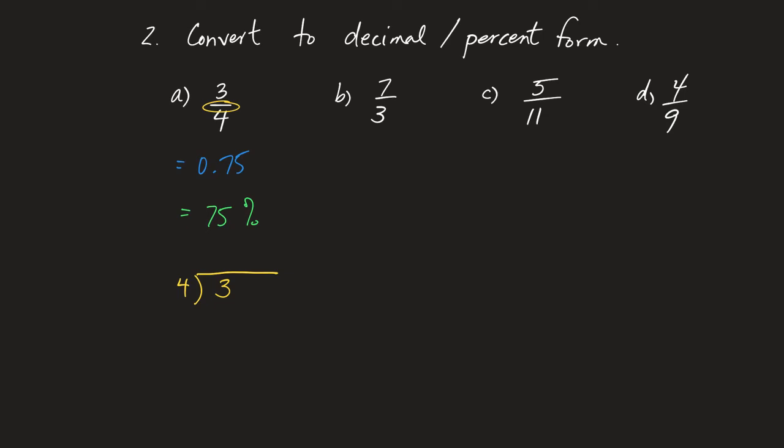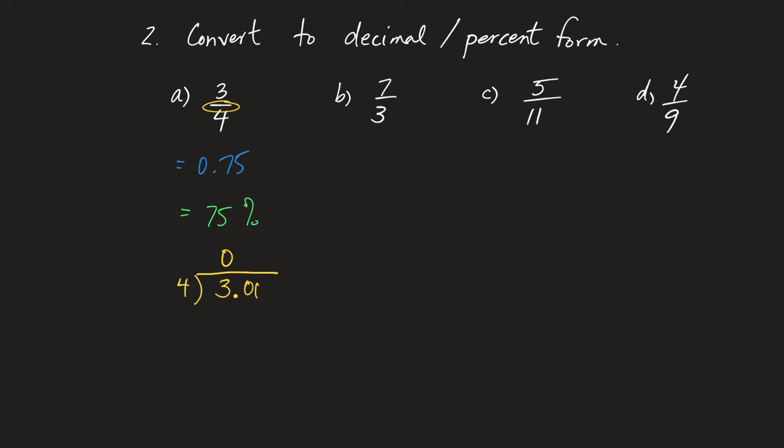So if I take that 4 and I divide it into the 3, I say the 4 is way too big. I can't even take one group of 4 out of a 3. So there are 0 groups of 4 in 3. Okay, well, that didn't get me anywhere. So what I can do is I can create a number that's a little more workable. Remember that I have a decimal place that comes after the 3.